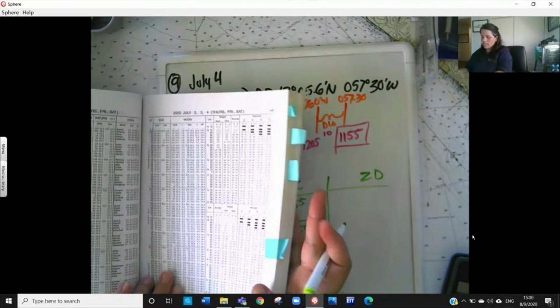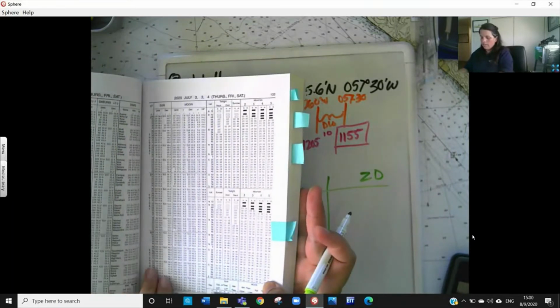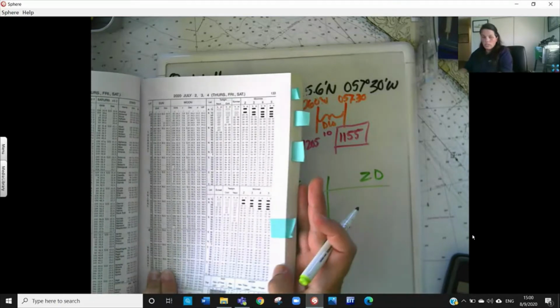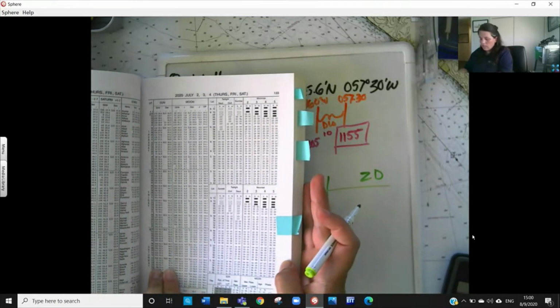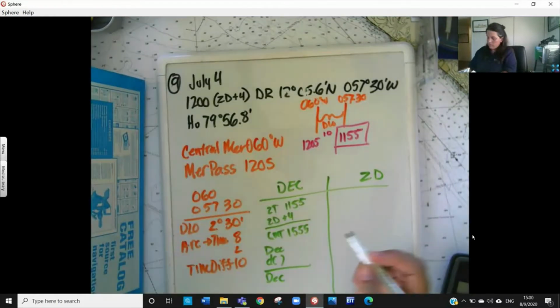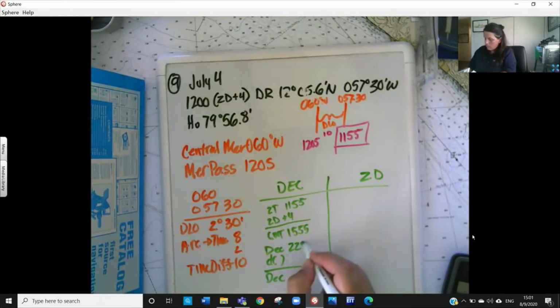Our declination on July 4th at 1500 is going to be 22 degrees 47.6 north.